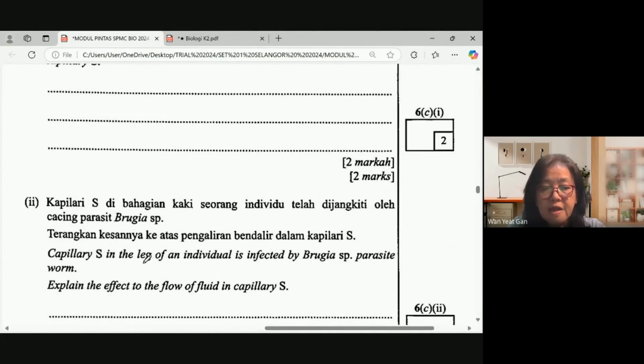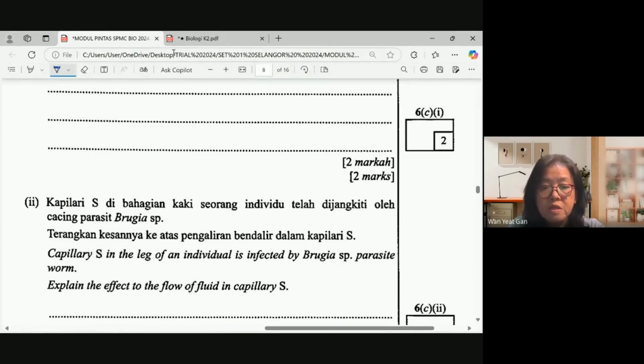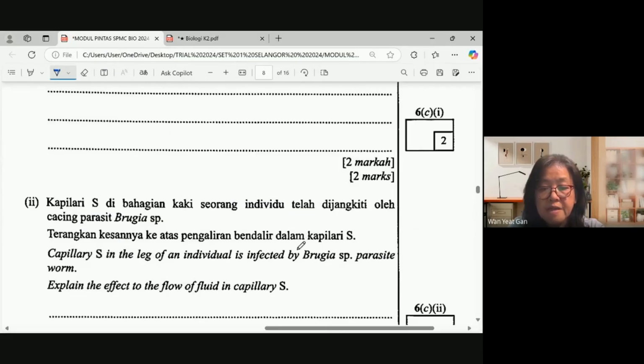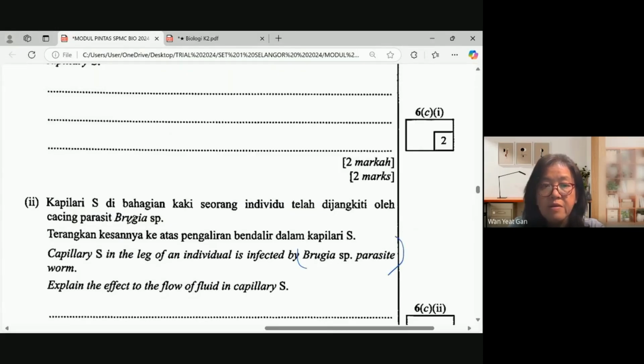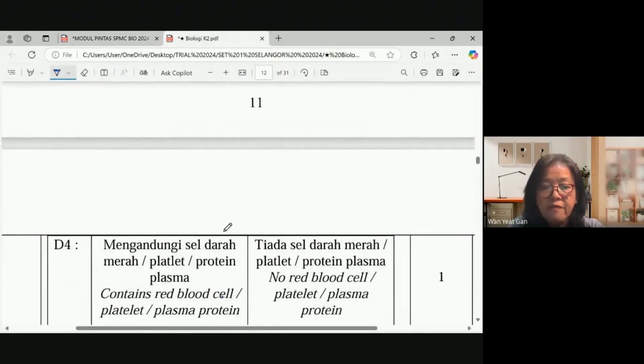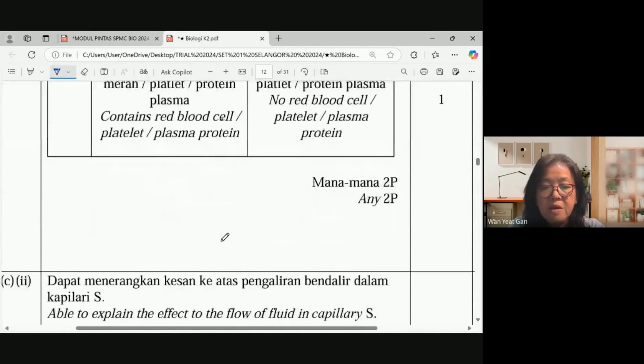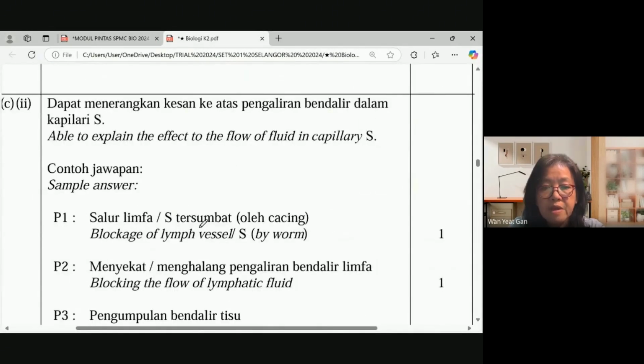Capillary S in the leg of an individual is infected by Brugia species parasitic worms. Explain the effect to the flow of fluid in capillary S. So the leg is infected by this parasite, and this parasite will grow inside the capillary. Therefore, the lymph, the fluid in capillary S, will be blocked.